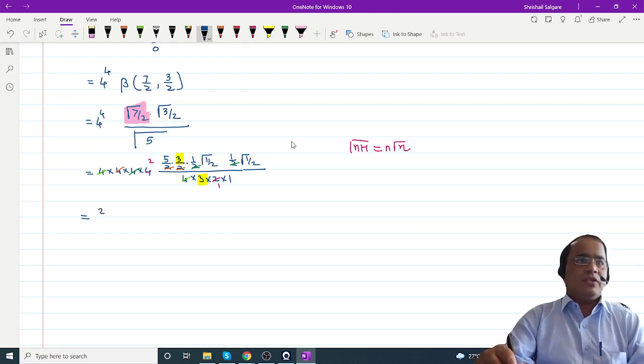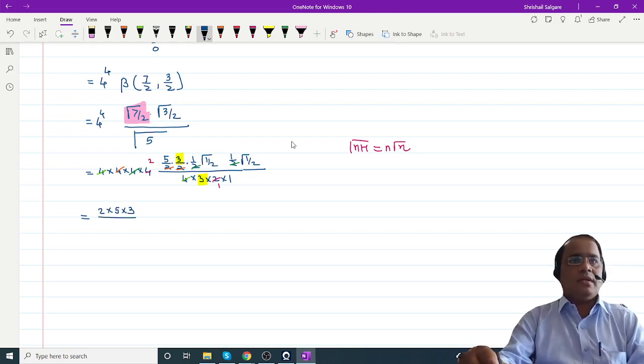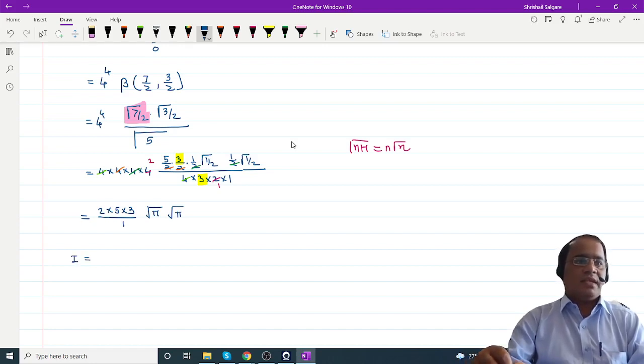It comes as 2 into 5 into 3. I think denominator 3 also we have cancelled, only 1. Gamma 1/2 is root pi. After simplification, this integral I comes as 30 pi. Verify the answer.